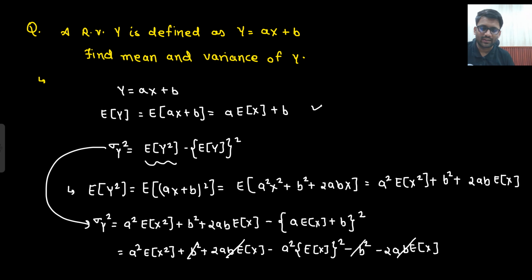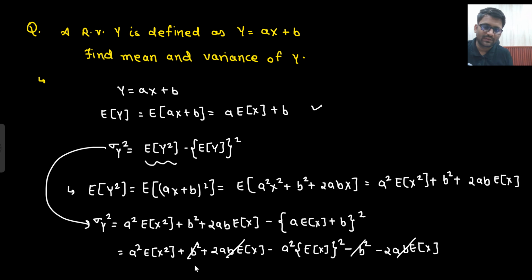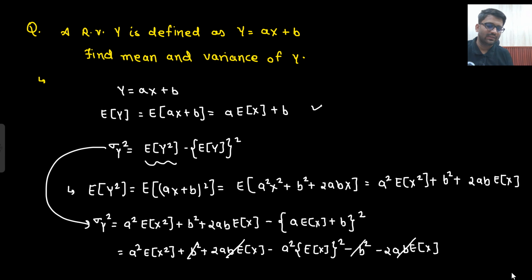In the last step, sigma y square is coming out to be a square expectation of x square, minus a square expectation of x whole square. Is that fine for you?